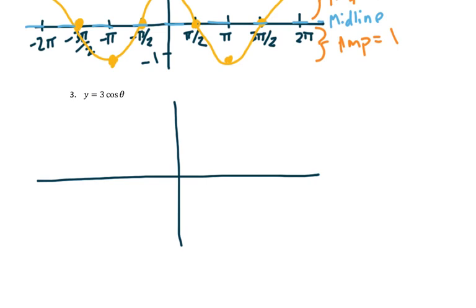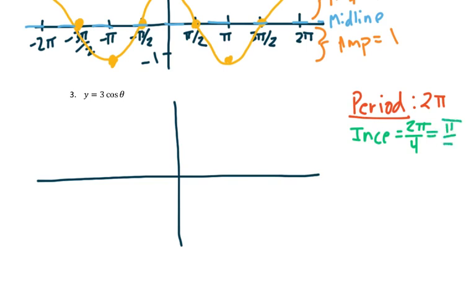All right. So here we go. Our period. So cosine, we haven't really changed anything. Still takes 2 pi to go around. So my increments are going to be 2 pi, or period, divided by 4. So this is pi over 2. So again, this part hasn't changed.